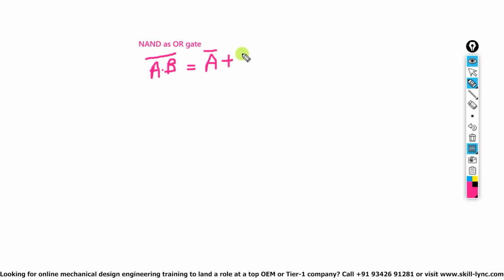Similarly, it becomes A bar plus B bar, and if I am able to convert A bar as A and B bar as B, it will become an OR gate. It means I have to take input in such a manner that it equals A plus B, because OR gate is A plus B. Now I will convert A bar as A and B bar as B, because basically I come to know what the operation behind this is. The operation behind this is simple De Morgan's theorem by putting a NOT gate also.